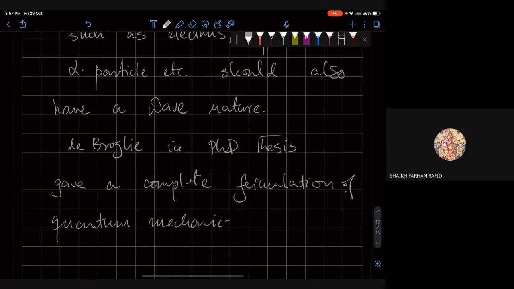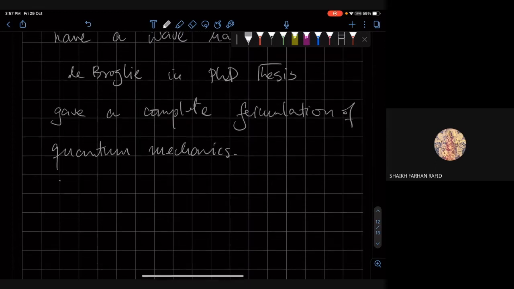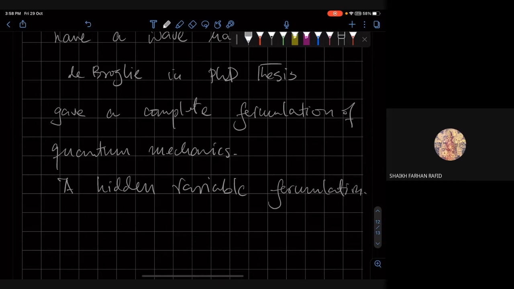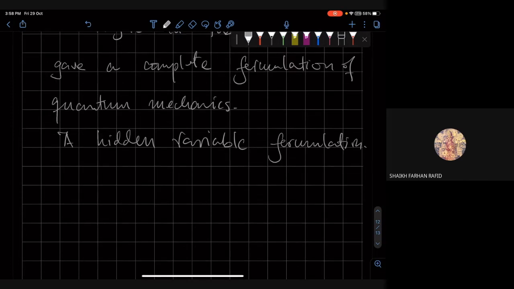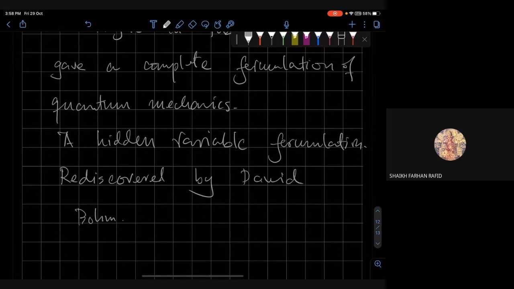It was this formulation, which is called a hidden variable formulation, that was forgotten and then rediscovered by David Bohm many years later.